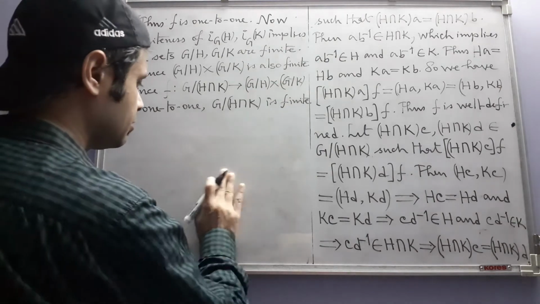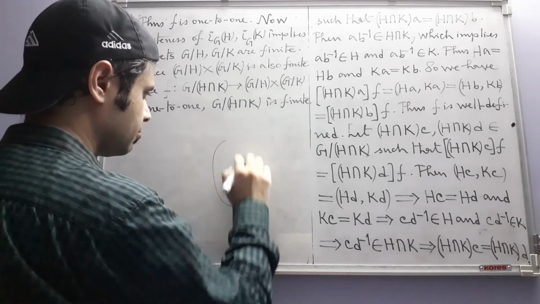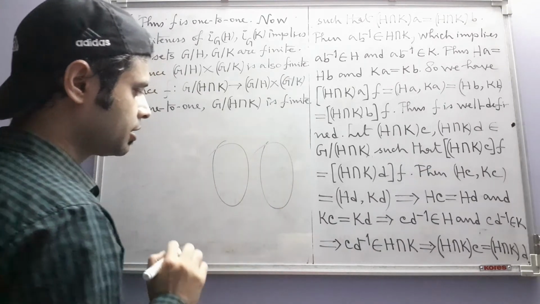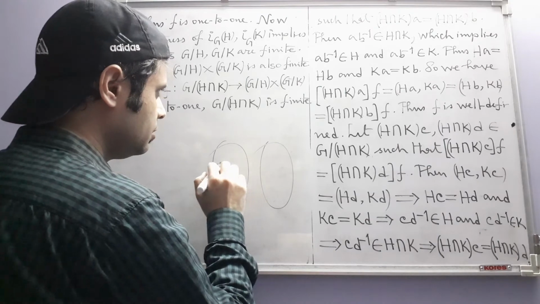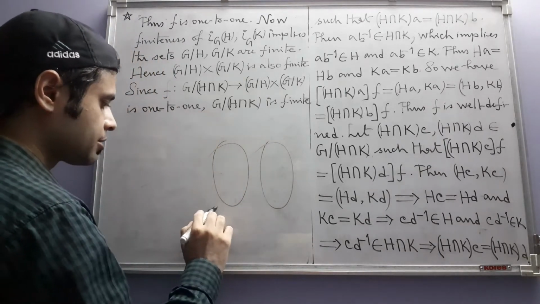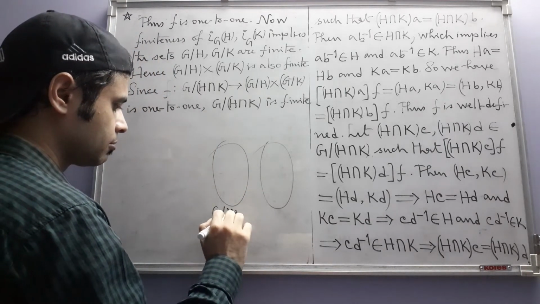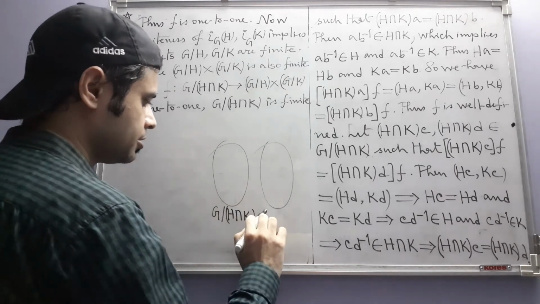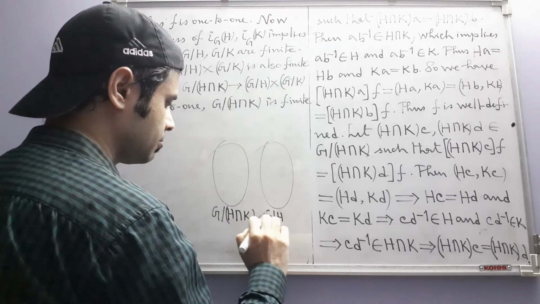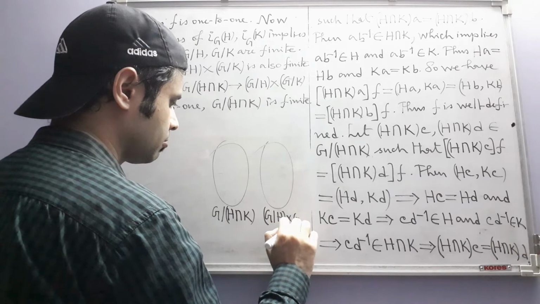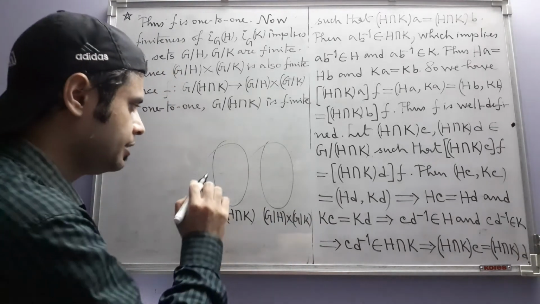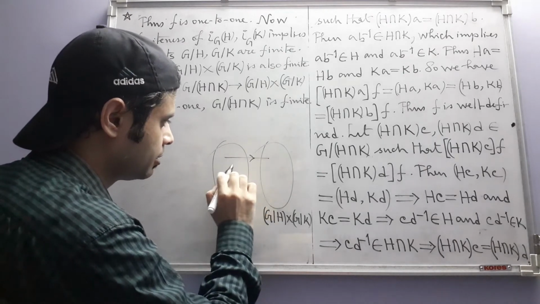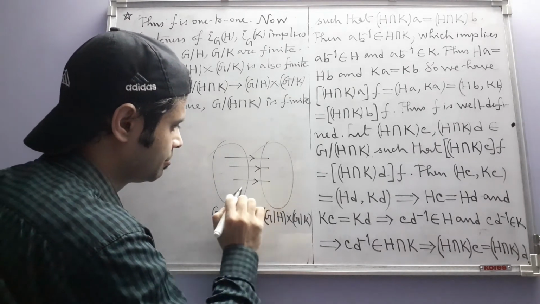For that, you need to think of the situation in terms of a small figure. This is the first set, and this is the second set. It is given that the function is one-to-one.